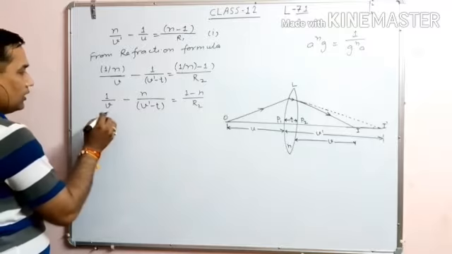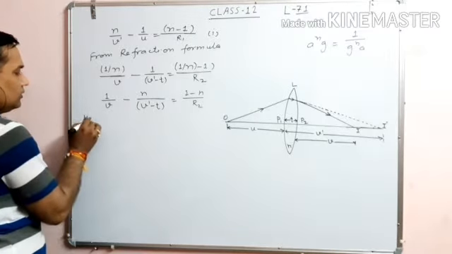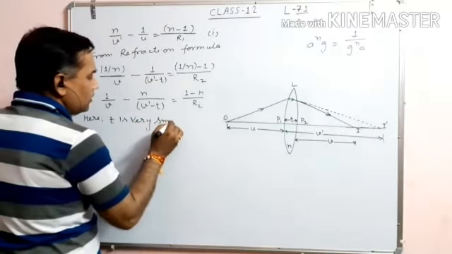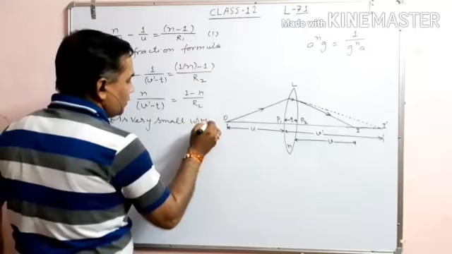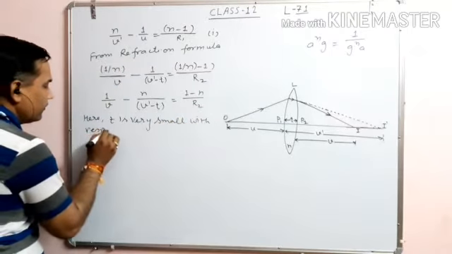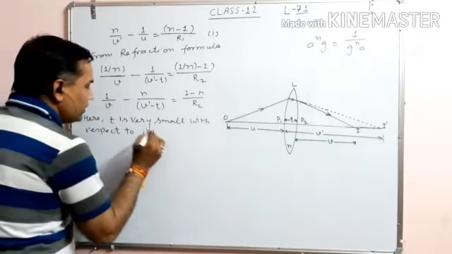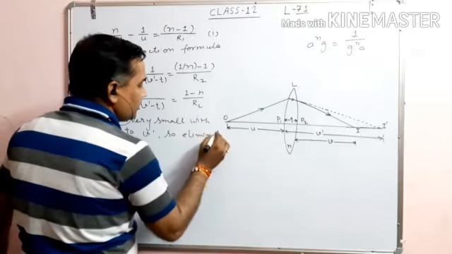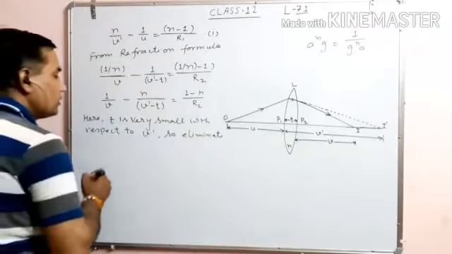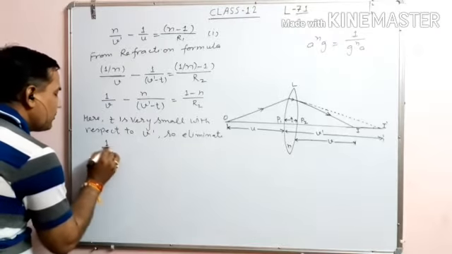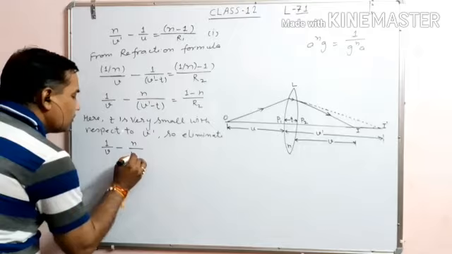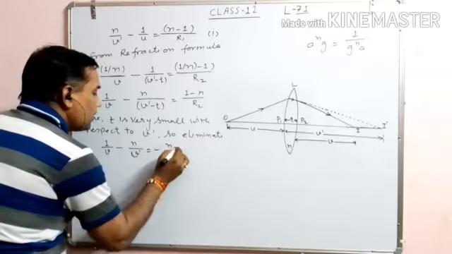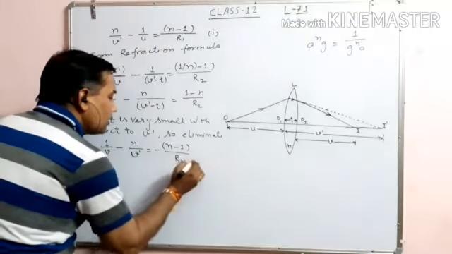Here t is very small with respect to v dash, so we eliminate it. So this becomes 1 upon v minus n upon v dash is equal to minus n minus 1 upon R2.